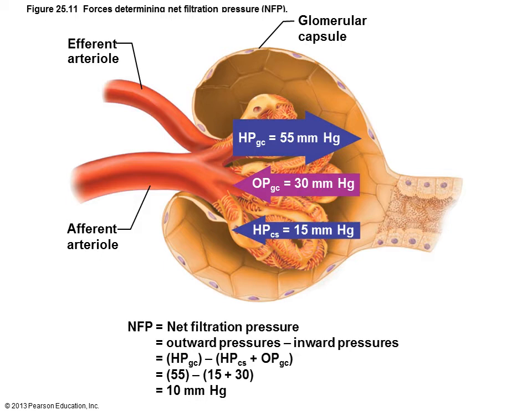Those are inward pressures. So normally you create a net filtration pressure of about 10 millimeters of mercury, so that stuff can push out of the blood into the capsule. The nephron creates enough pressure because the afferent arteriole has a bigger size compared to the efferent arteriole. As you see, the efferent size is a little smaller, making this pressure possible so filtration can happen.